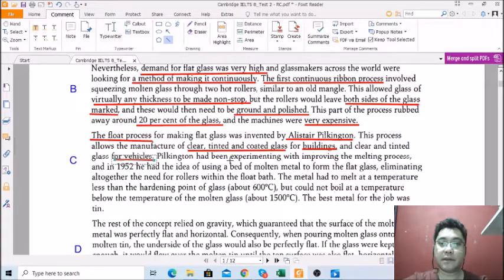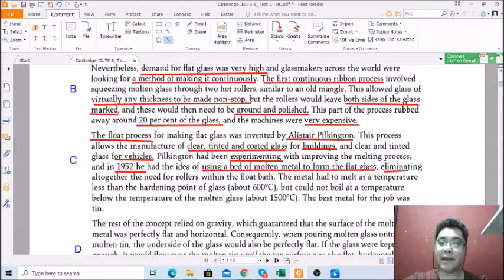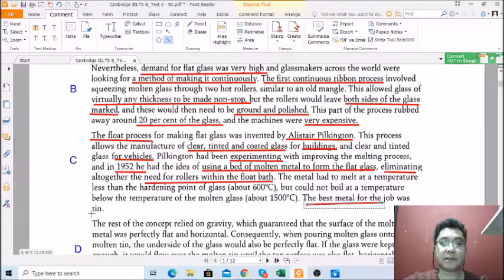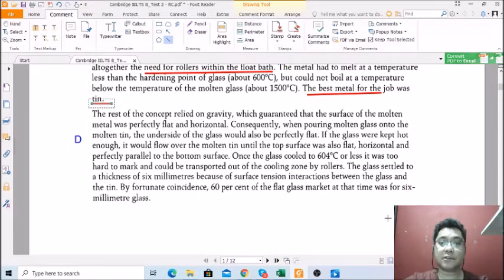Okay, so he experimented, and then in 1952, this is the use of a bed of molten metal to form flat glass. Then what happens? It eliminates the need for rollers within the float bath. Then we see that there are two temperature references that you need to understand, and the best metal for the job was actually tin. So that's for C. Now let's go to the fourth paragraph. I'll give you 2 minutes to read through.